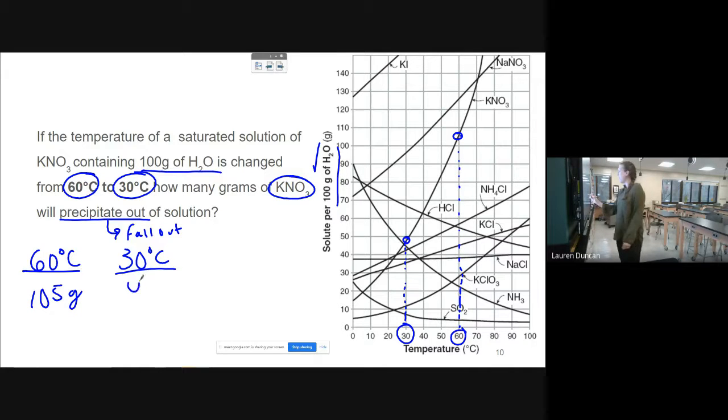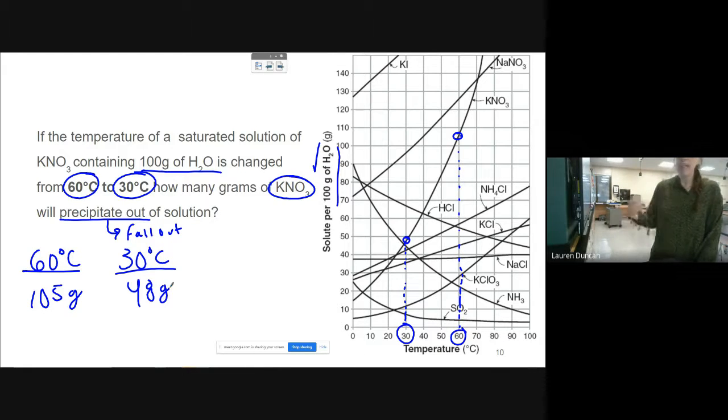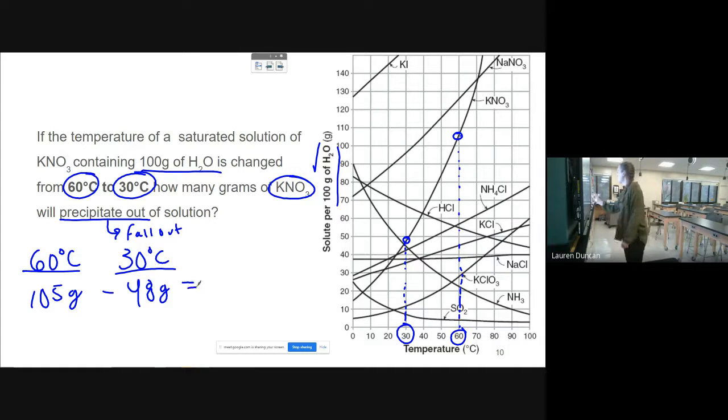It looks like about 48 grams can dissolve at 30 degrees Celsius. So taking the difference between those two should give us about how much would precipitate or fall out of solution. So in this case, it should be about 57 grams.